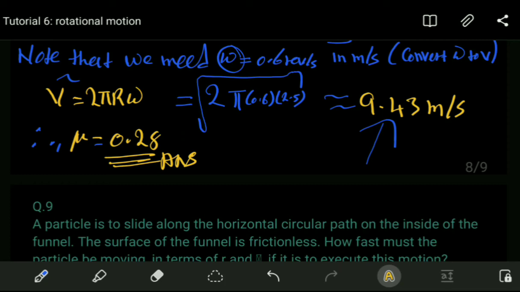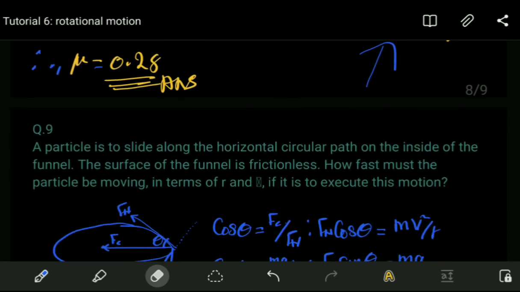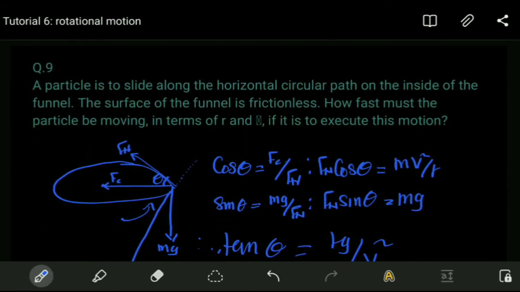All right, so we go to question 9. In question 9, we have this circular path inside the funnel. The surface of the funnel is frictionless, as they say.